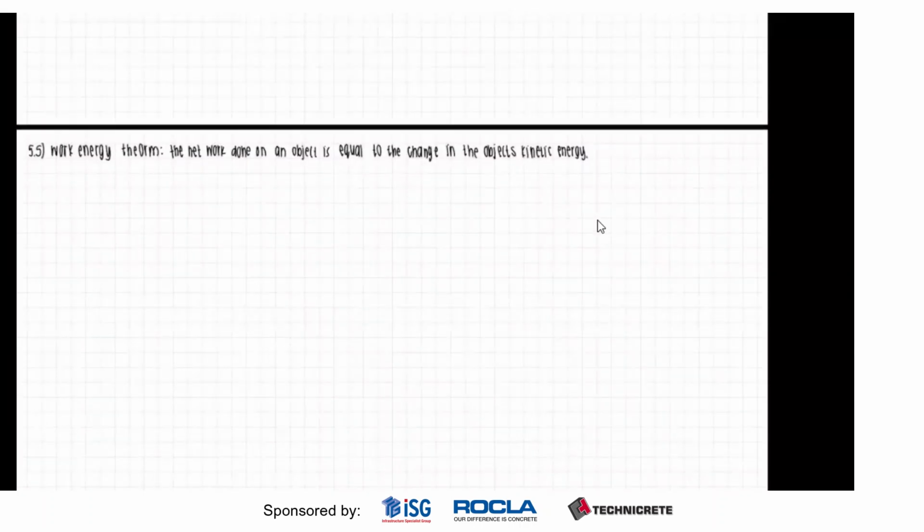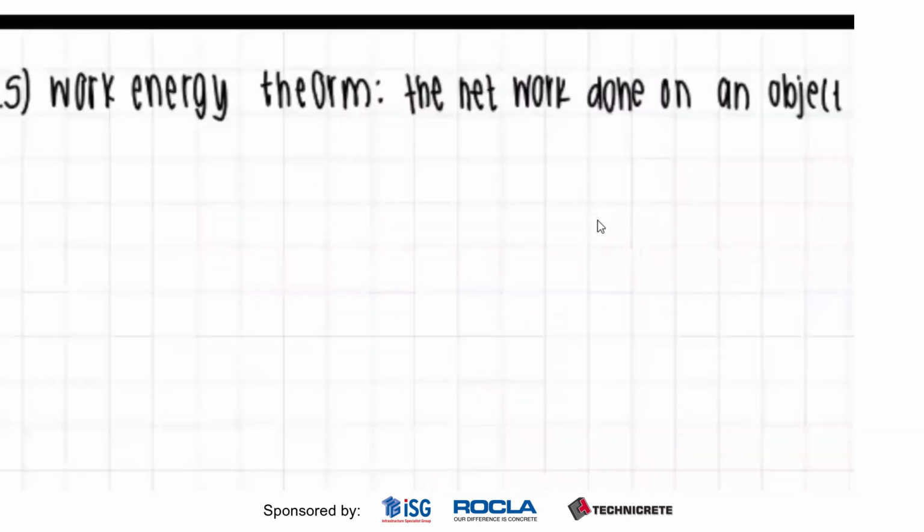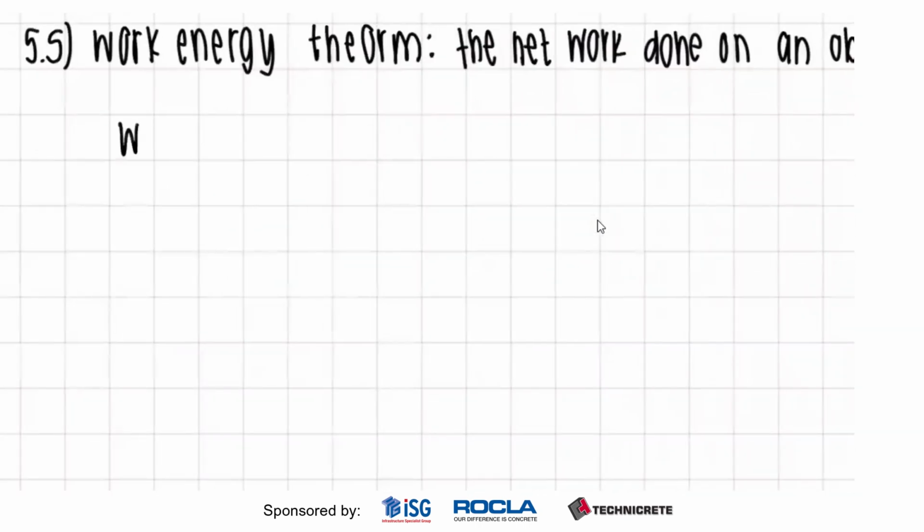And the formula that we get from this theorem is the net work done is equal to the change in the kinetic energy. And the net work done for us is the work done by friction plus the work done by gravity.